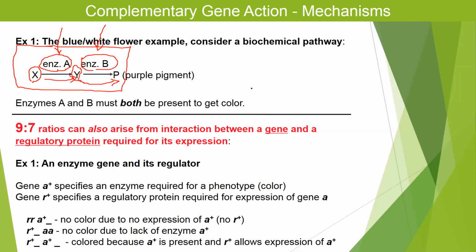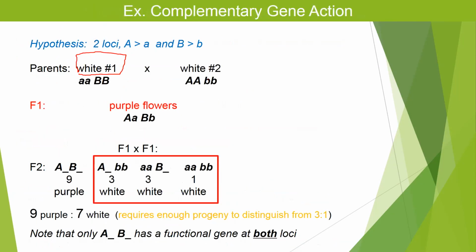So let's look at here. If we have two mutant parents and we cross those two, we're going to get the F1 dihybrid individual.